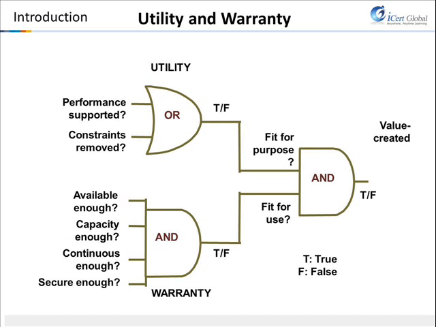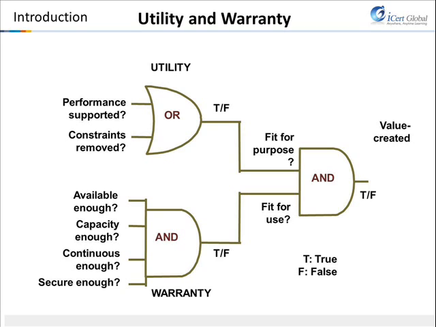Utility and warranty. From the customer's perspective, value consists of two primary elements: utility or fitness for purpose and warranty or fitness for use. Utility is perceived by the customer from the attributes of the service that have a positive effect on the performance of tasks associated with desired outcomes.